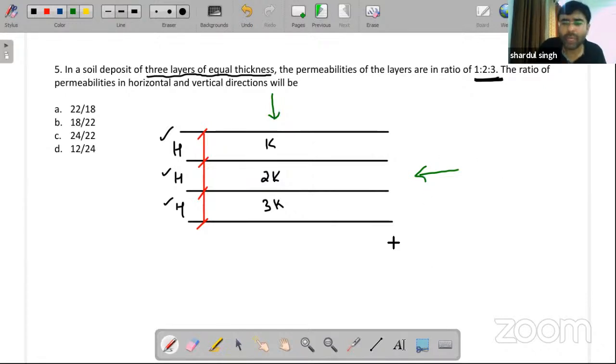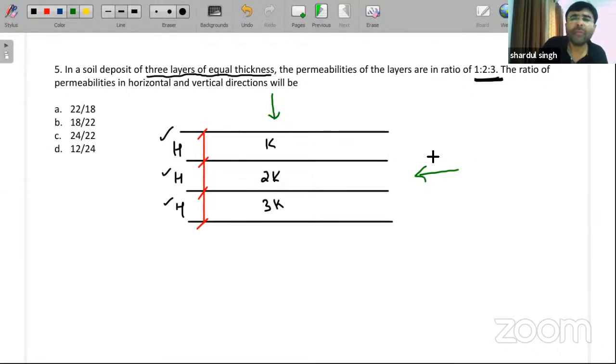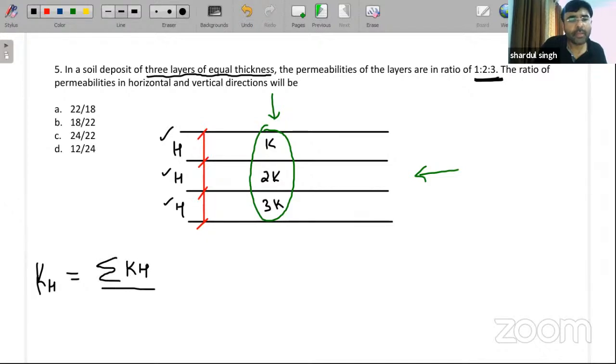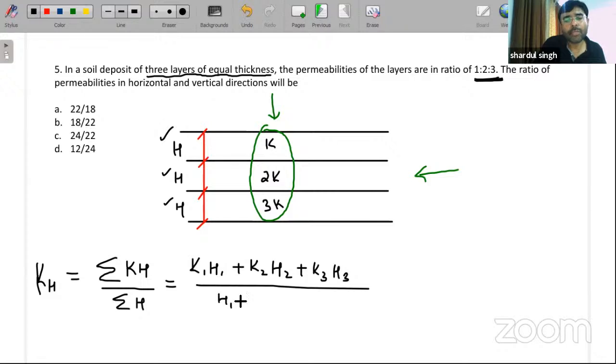If the water flows in the horizontal direction, we can calculate the equivalent value of the permeability. Let us call it KH. It is given as summation of KH upon summation of H, which we can write as K1H1 plus K2H2 plus K3H3 upon H1 plus H2 plus H3.